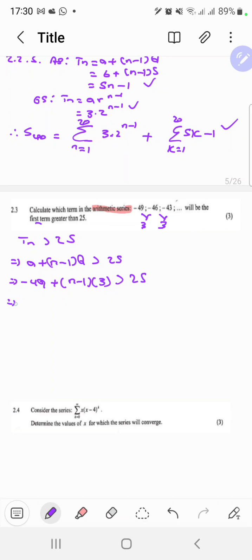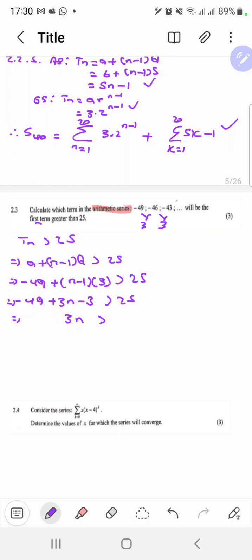And then this also implies that we simplify minus 49 plus 3n minus 3 greater than 25. So these ones sort themselves out. We have 3n greater than, so 49 plus 3, that is minus 46. And then of course, when it crosses over, it adds to the 25 on this side.